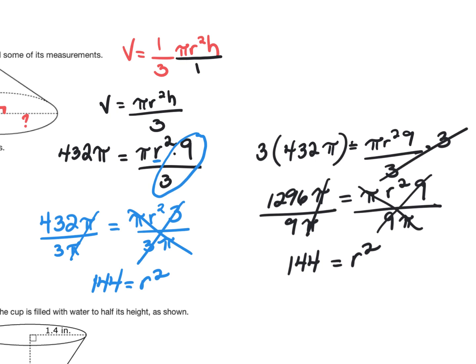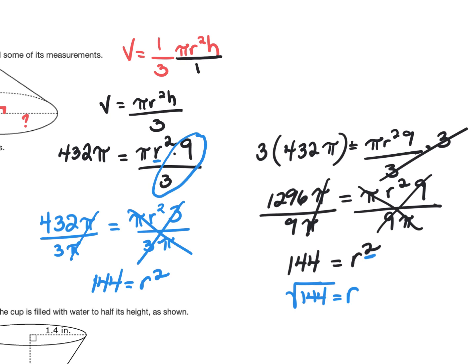Now remember, the inverse or the opposite of squaring a number is to take the square root. We do this in Pythagoras' theorem. We also do it in the distance formula.